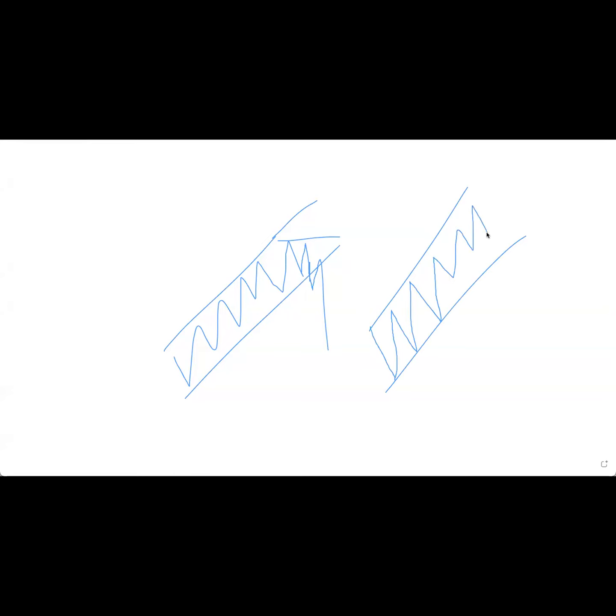The way this channel is broken is it's broken going sideways. A channel that faces upwards is broken going downwards, and a channel that faces downwards is broken going upwards. When you break a channel in an upward direction, you have a retest, and then you continue.